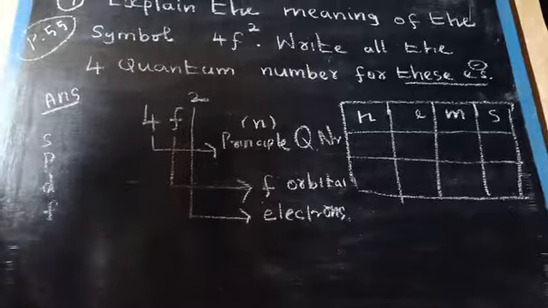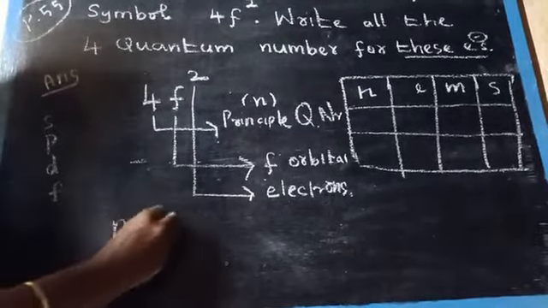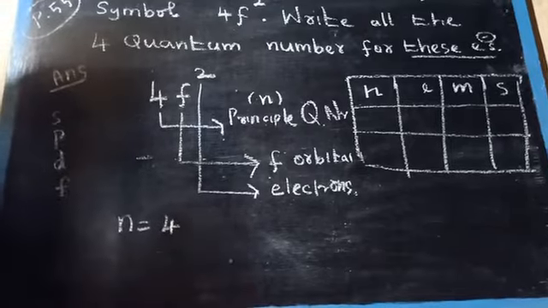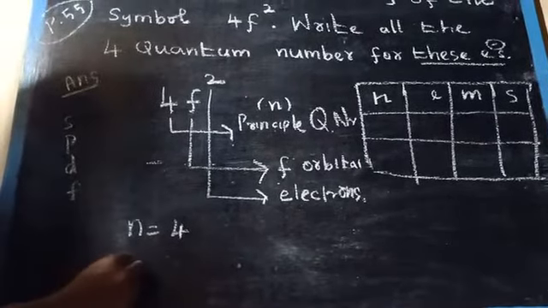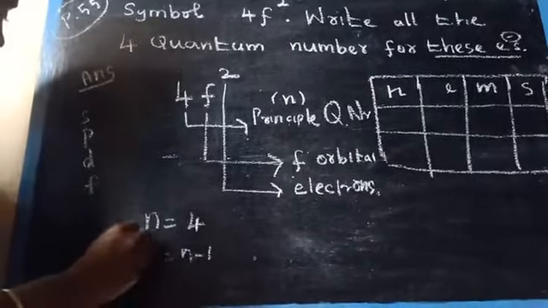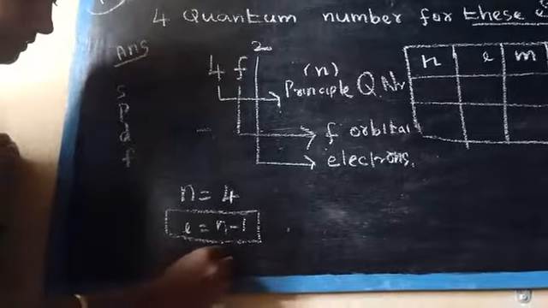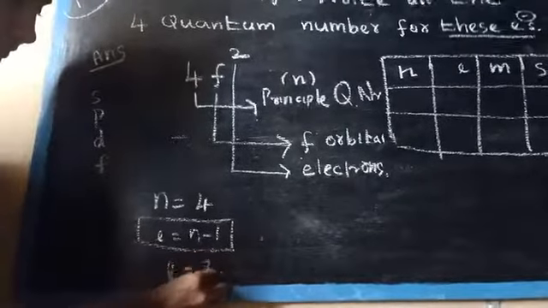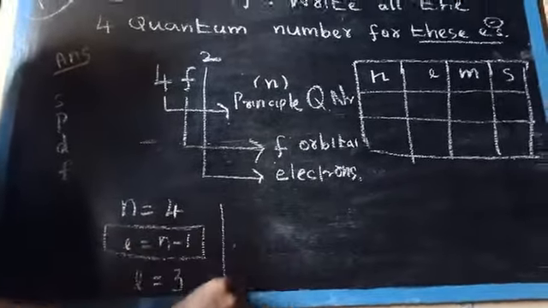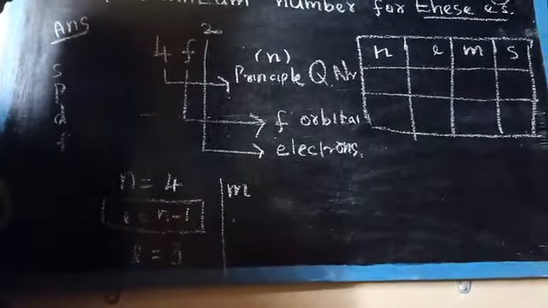Now see here, the N value is equal to 4. What about L? What is the L formula? L is equal to N minus 1, so now what about this 3? Next, find out M, the magnetic quantum number.